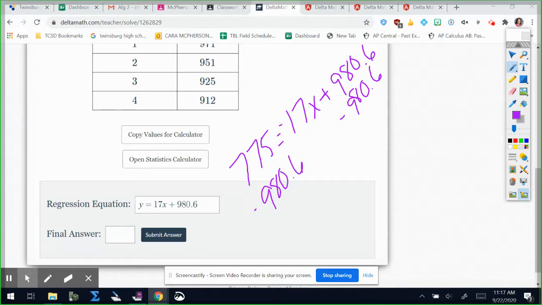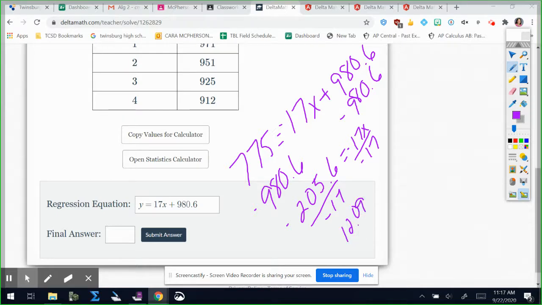Grab my calculator to do that math. 775 minus 980.6 is negative 205.6. And that equals negative 17x. So I'm going to divide both sides by negative 17. I get 12.09.